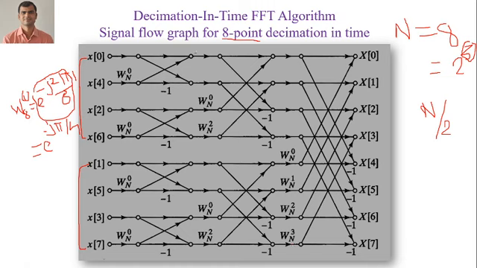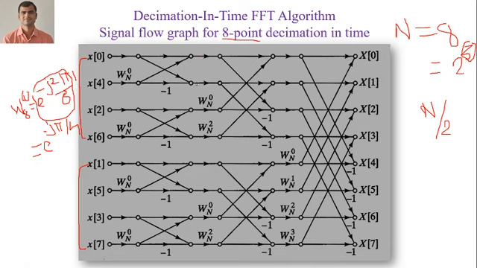Now if I consider this as the output of stage 1, I can write it as x of 0 plus W80, and that value is always equal to 1, so whether you consider it or not, it remains the same. So x of 0 plus x of 4 is the value of s1 of 0.